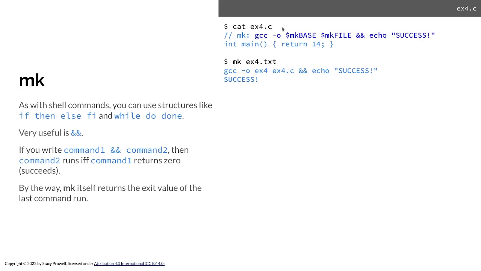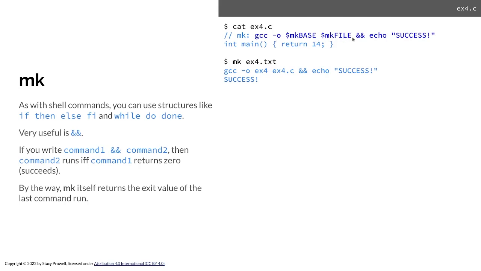So up at the top, I have a little make here. I've commented it out so that the C compiler won't see it. And again, make doesn't care about anything prior to the little make, so it ignores that. It just sees this stuff after it. And so what it's going to try to do is run gcc -o $MAKEBASE $MAKEFILE. And what is that doing?